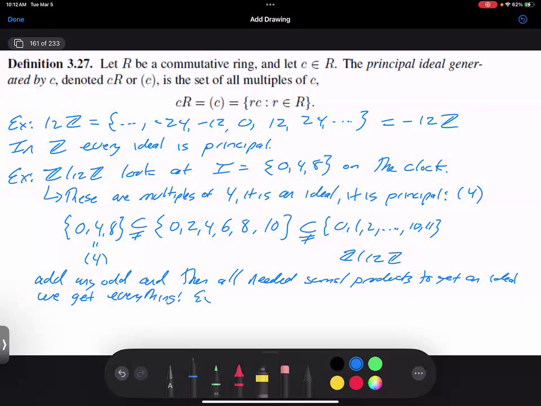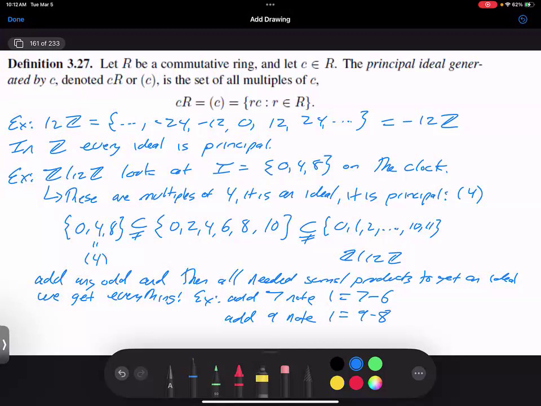And the reason is, for example, if I add 7, note 1 is 7 minus 6. If we add 9, note 1 is 9 minus 8. So we can always show that 1 would be in the ideal from adding anything. Oh, sorry.